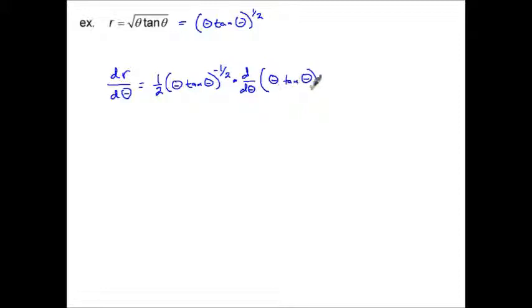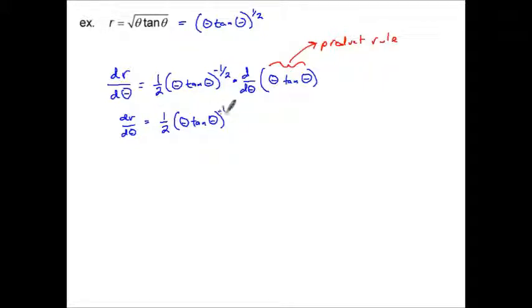Here's what maybe you spotted right away, maybe not: because this is a multiplication, I'm going to have to use the product rule. Don't let it throw you, it's a rule we've been using for a little while now, so just use it appropriately. So my dr d theta, I've got my 1/2 times this thing, which I'll eventually clean up. Let's not worry about it quite yet.